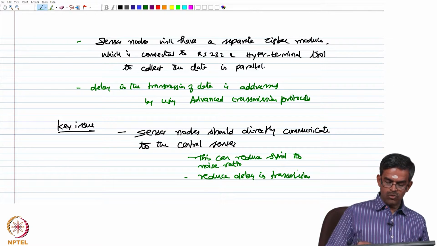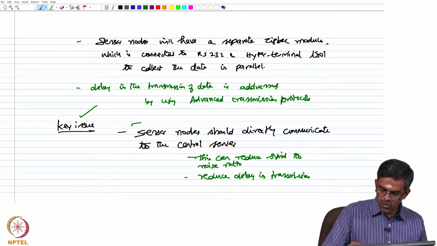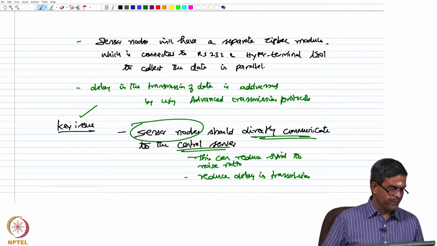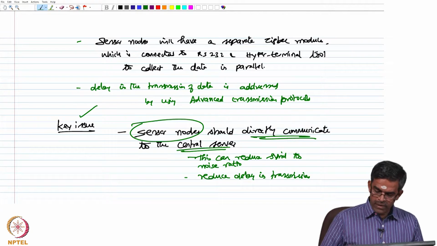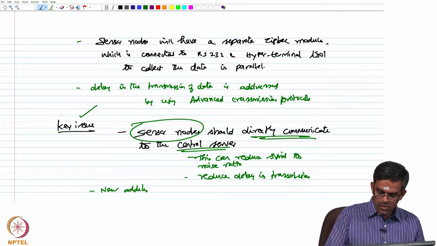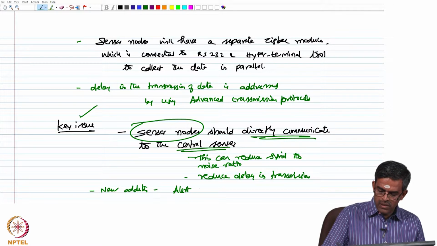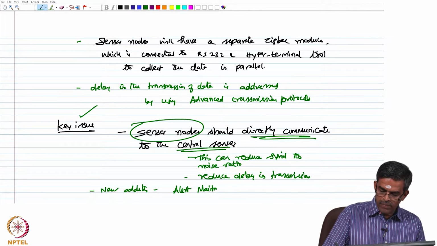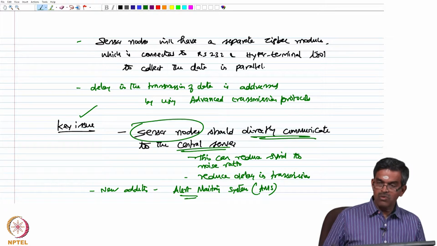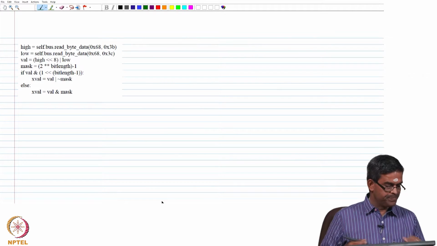So, the desired issue is that sensor nodes should directly communicate to the server. Further, a new addition is also done in SHM 2, which is the alert monitoring system. Not only the health monitoring, but an alert monitoring system is also now added to the design.